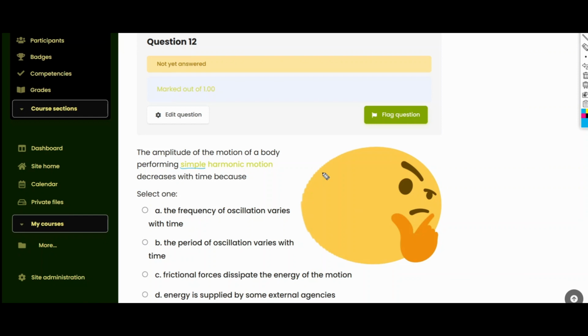So for the amplitude to decrease with time, it is telling us that another external force is disrupting the system, and there is a frictional force between the ball and the air molecules. As they come in contact, it constantly reduces the amplitude until the body is finally brought to rest. So frictional force dissipates the energy of the motion.